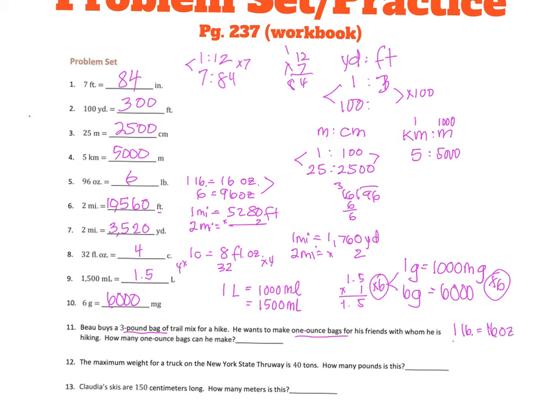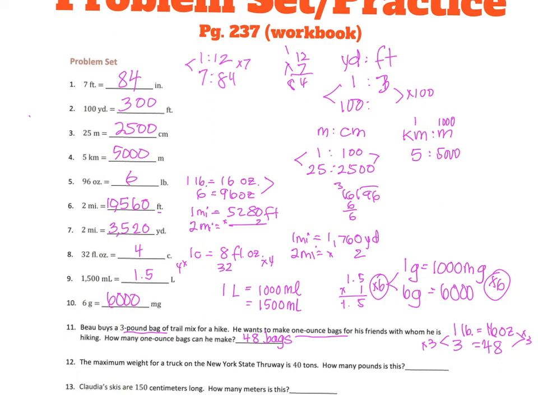And he's got 3 pounds, so that means I multiply by 3. So here I'm going to multiply by 3. So I get 6 times 3 is 18. 3 and 1 is 4. 48 1-ounce bags. That's what I have.